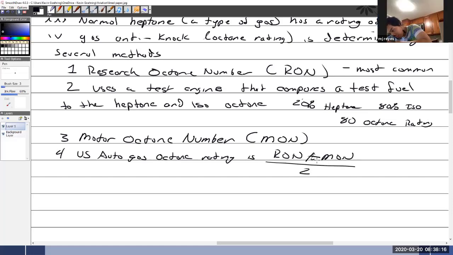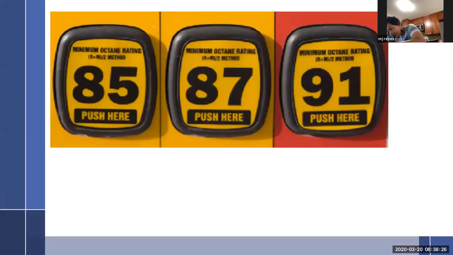Divided by 2, which is to say the average of the two. And if I were to pull this up, or pull that down, we would see it written right there, the R plus M divided by 2 method, which is on every gas pump in the United States. So now you know what that is. It's the RON plus MON divided by 2 method. Every day learning something new.